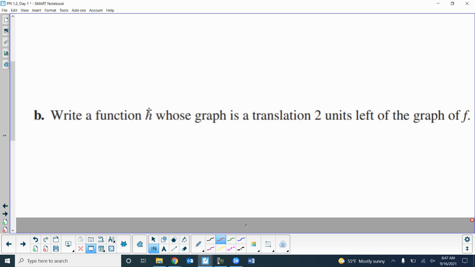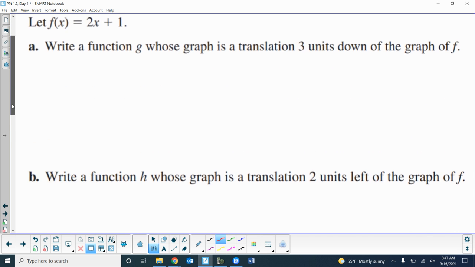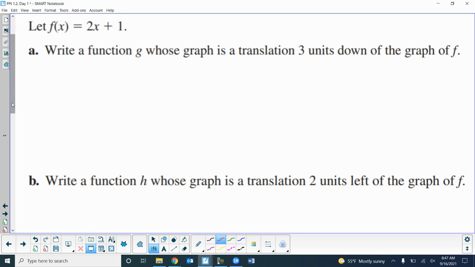See if I can grab it. There we go. All right, so there's your f, your original function. We're going to translate it 3 units down, and then we're going to translate it 2 units left. So do those real quick, just for practice, please. I'll give you a few minutes.